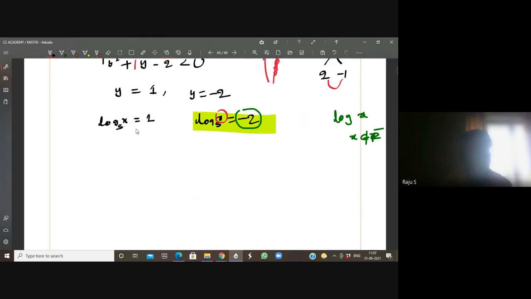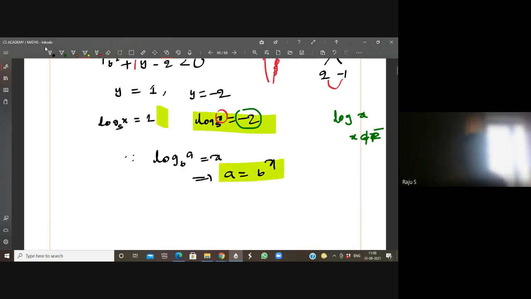Whenever it exists, it is in the form log a base b equal to some x, which implies a equals b to the power of x. Am I right?